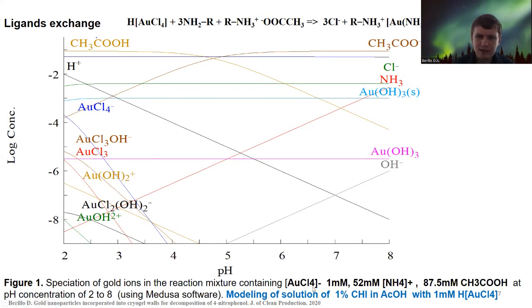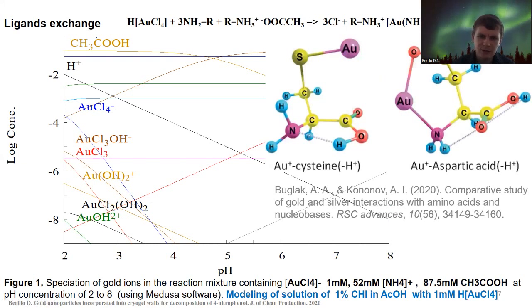And also in the literature we found some information regarding complex formation between gold and amino acids such as cysteine and aspartic acid, and therefore we assume that we have not only ionic interactions between oppositely charged groups, but also a chelation process.